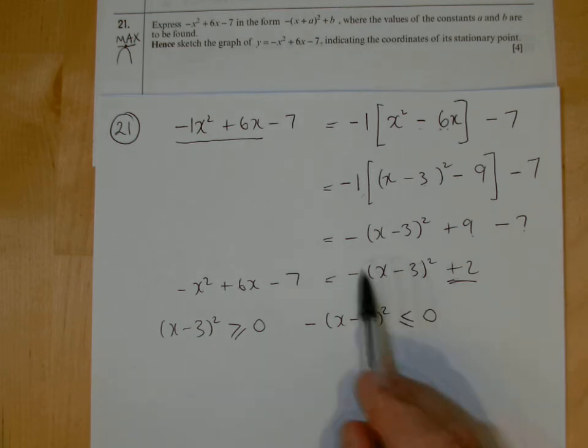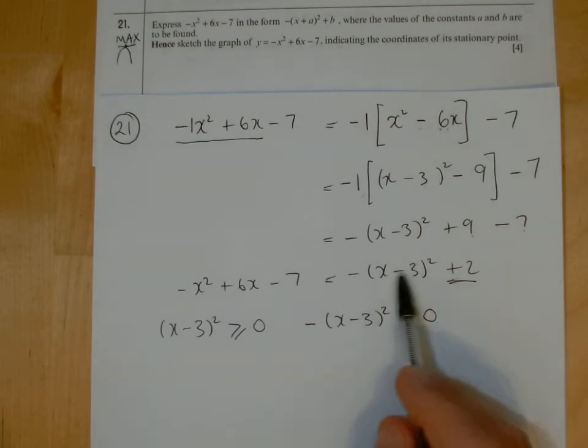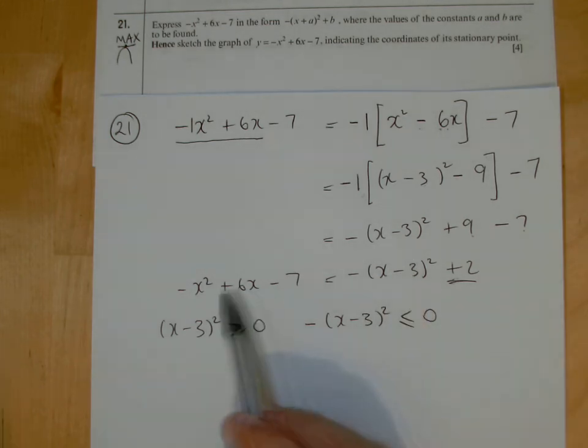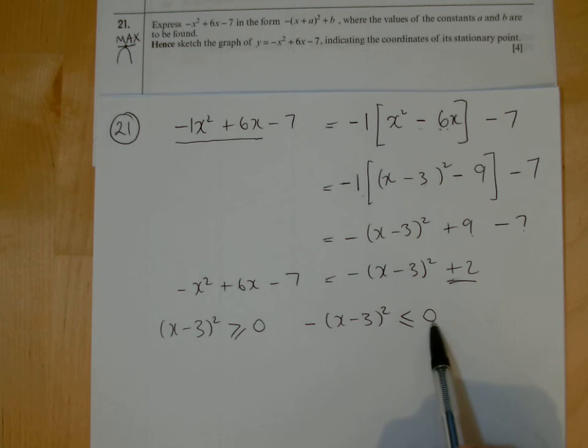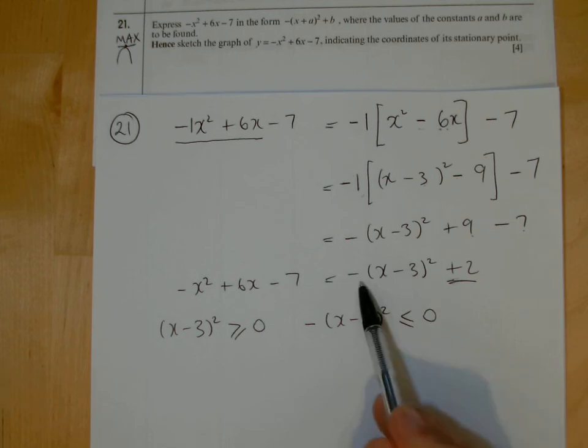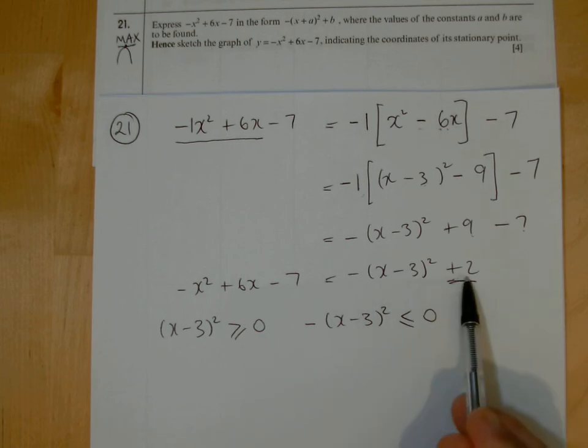So this here is always going to be less than or equal to 0. To get a maximum, we want this result to be the highest it can be, and the highest that minus of this bracket can be is 0. When we have this at a maximum, this will be 0, and then we have 2 there.